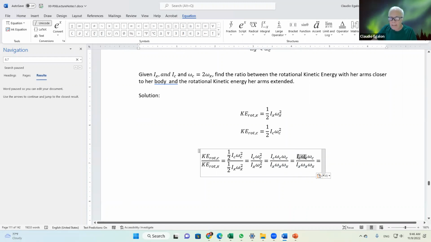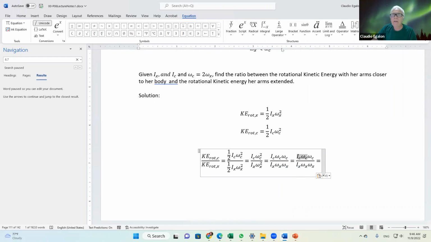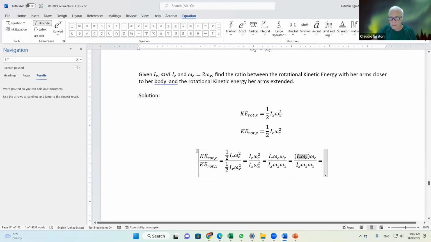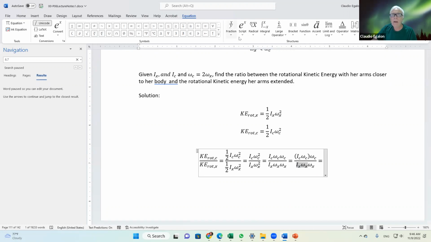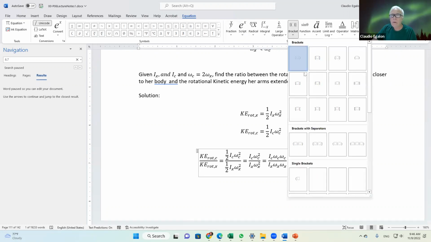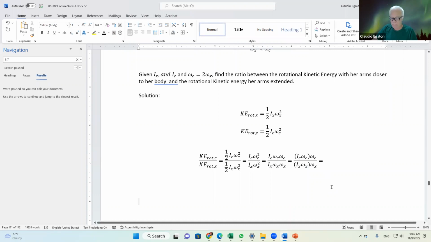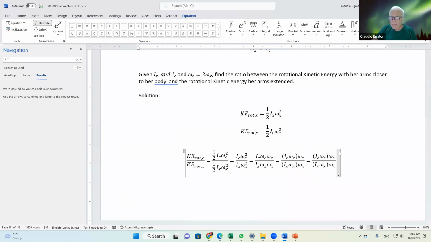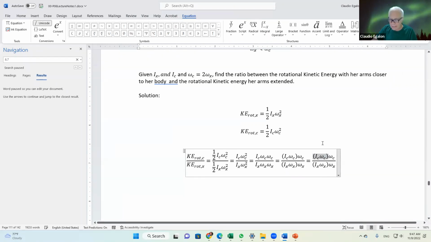He recognized that this relation here is conserved. Okay, here you go. Because this is the angular momentum. Angular momentum with the arms compressed. Angular momentum with the arms extended, right? So here you go. We can write that down as being L here and L here.